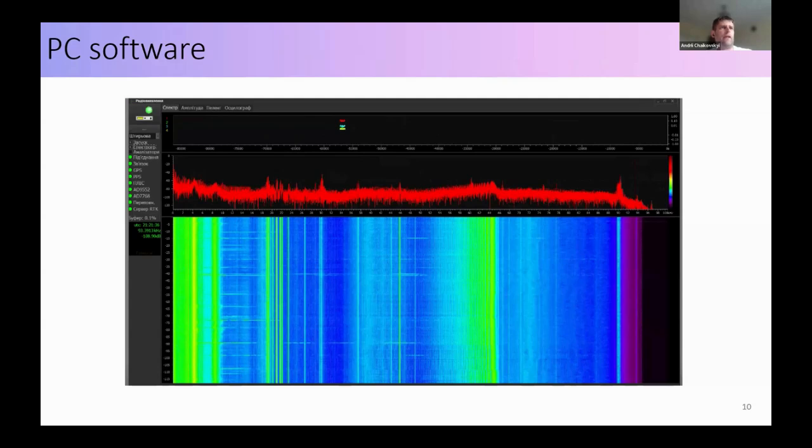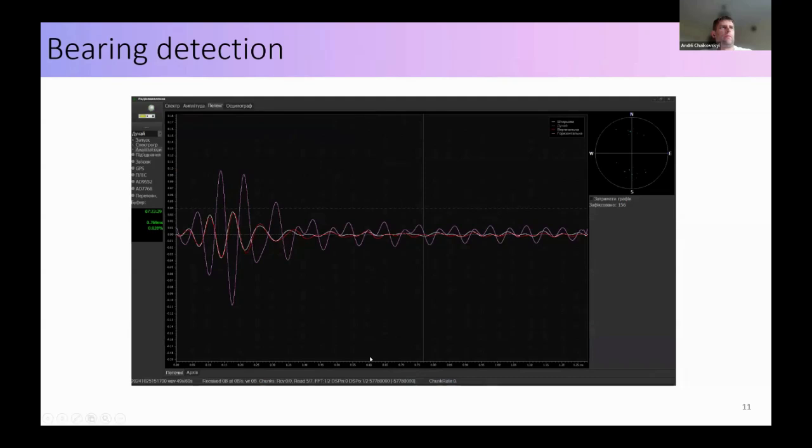That piece of software is able to register raw signals and also is able to find impulses from distant lightning storms and find the bearing, or direction, from which this signal originated.